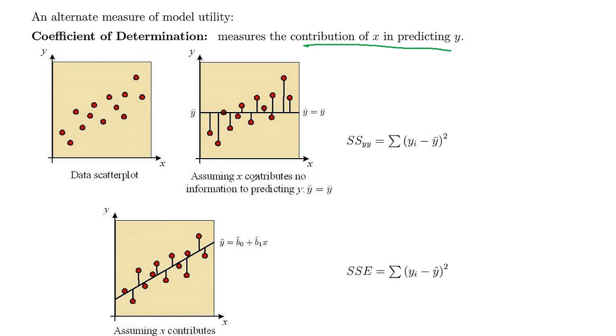Now, if we assume that X contributes no information to predicting Y, so that means that the slope of the regression line is 0, then our regression line is just y hat equals y bar, which is right here. And remember, the sum of squares of yy is the sum of y minus y bar squared.